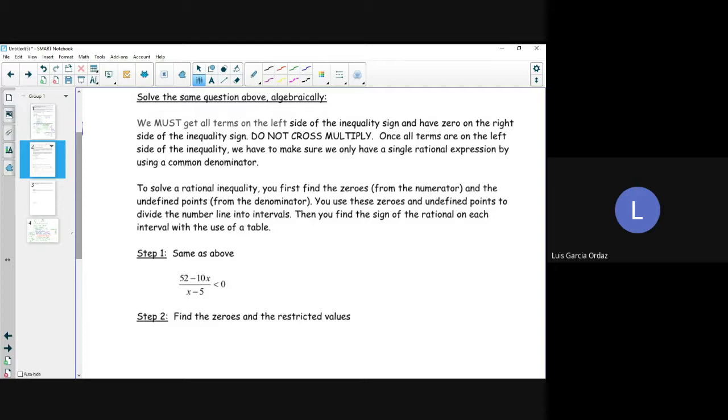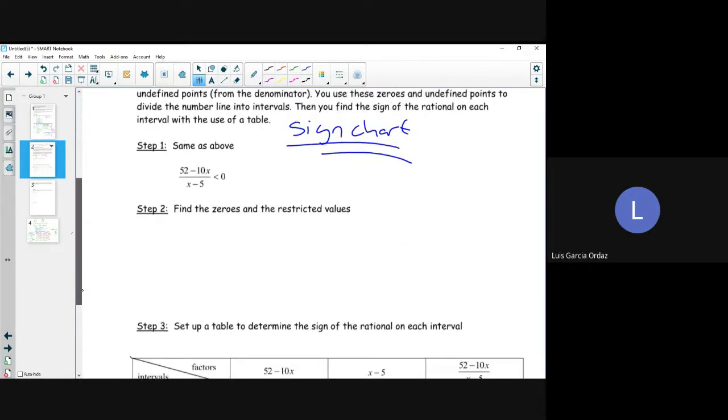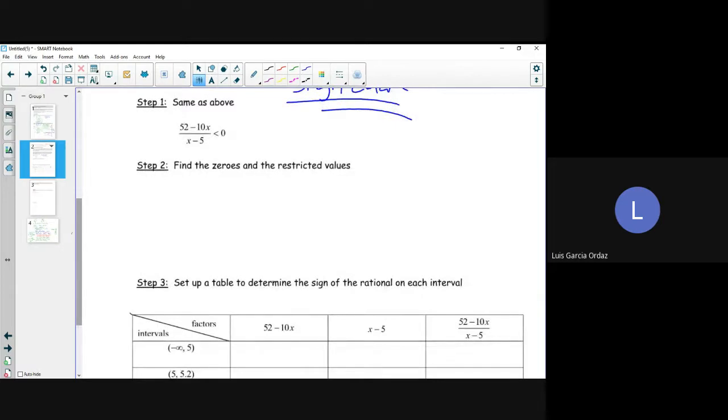So remember, we used the sign chart, okay? That is what we're going to use to solve this problem algebraically. But first, we need to find the zeros and state the restricted values.